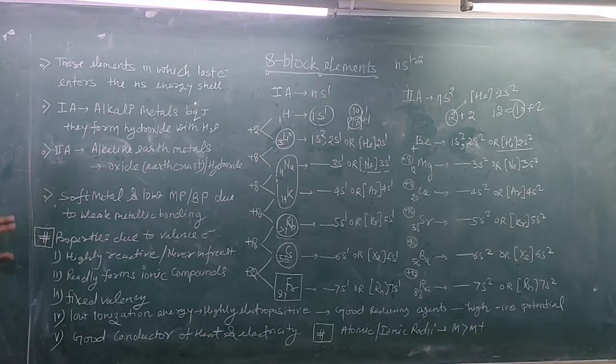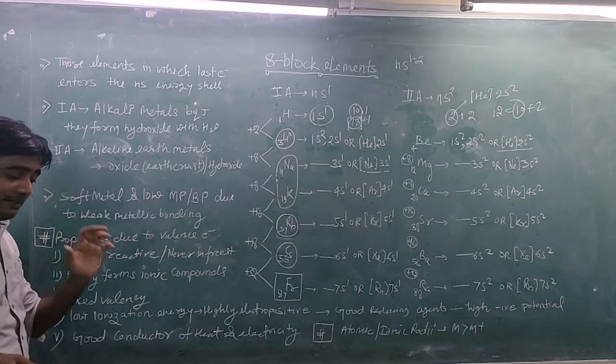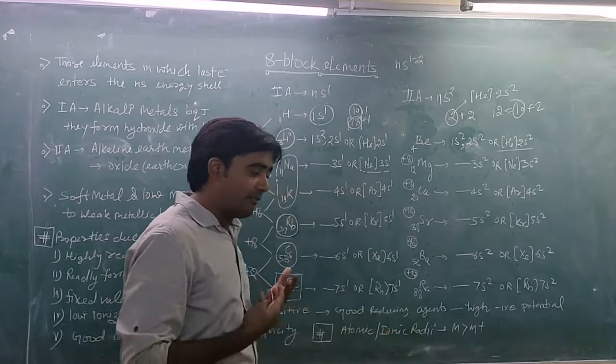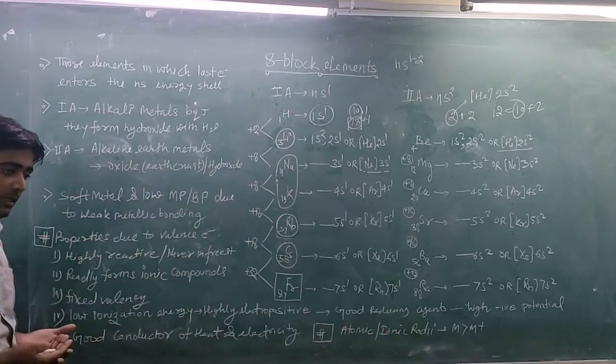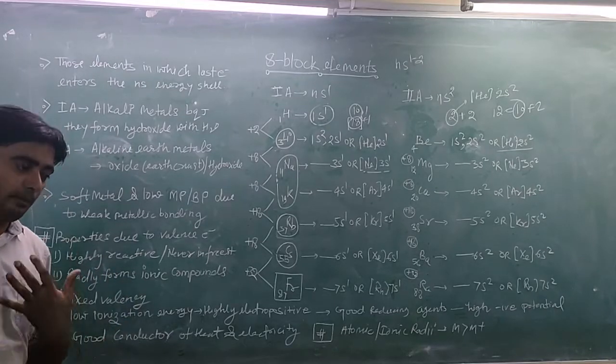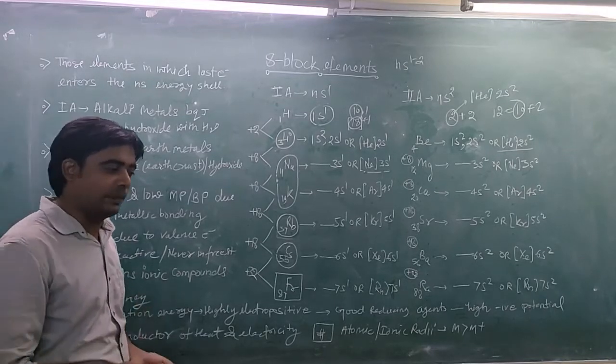Now the next point is that it has been observed that these metals are soft and have a low melting point and boiling point. Why are melting and boiling points low for s block elements?